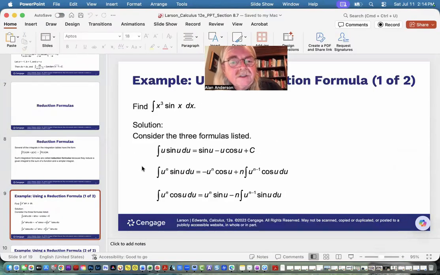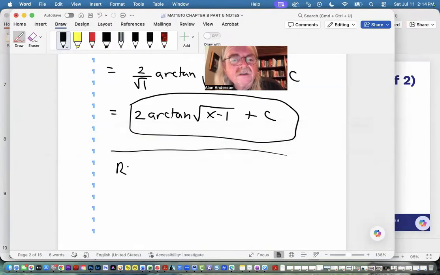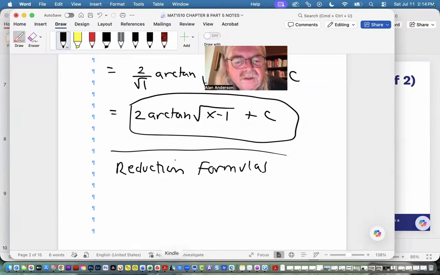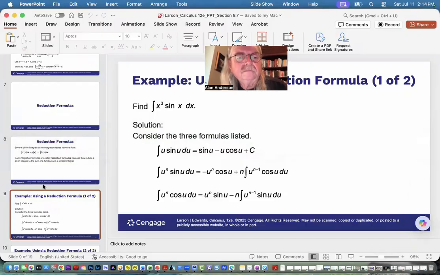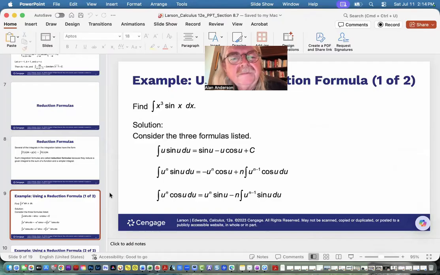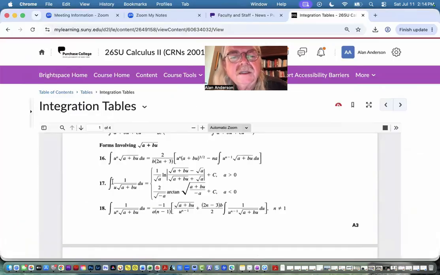Now, I didn't actually notice these in any of the charts. Maybe I didn't look carefully enough. Hold on one second. Radical u sine u du. Maybe it is in there. Let's go look. What was it again? Radical u sine u.